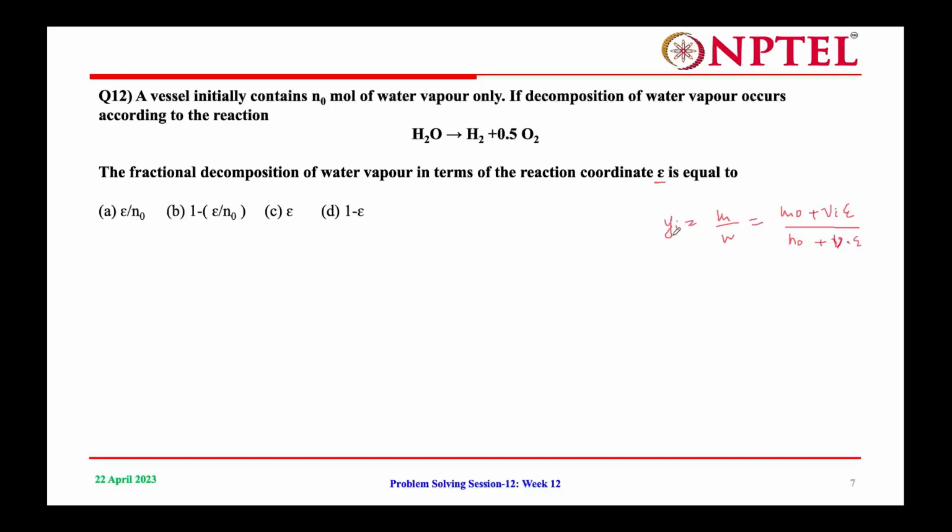The total moles initially is not given, right? And the stoichiometric coefficients for the reaction are minus 1 for H2O, plus 1 for H2, and plus 1 by 2 for O2, right?